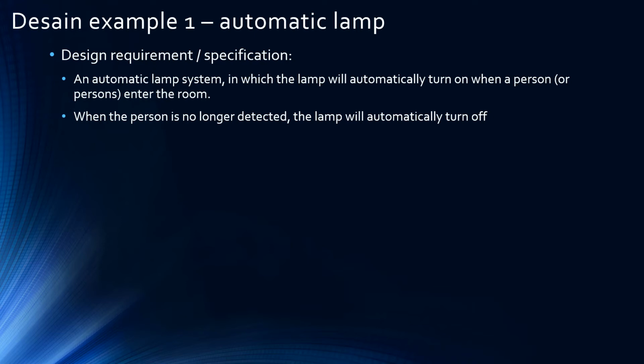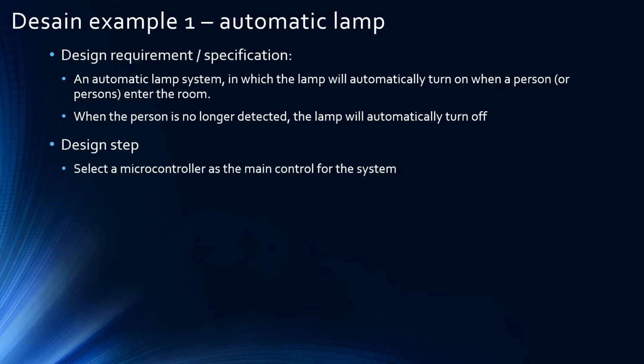This is very simple. So for the design steps, always remember those 3 block diagrams. First, we choose the middle part. We choose the microcontroller as the main control for the system. After finishing the middle part, the next one, we need to identify the output. What is the output for this system?